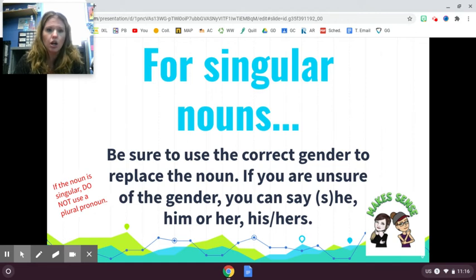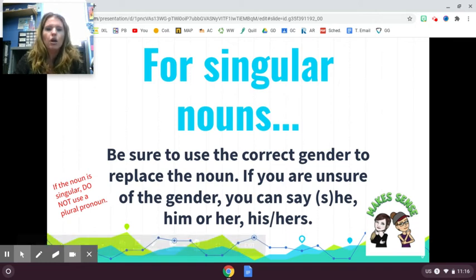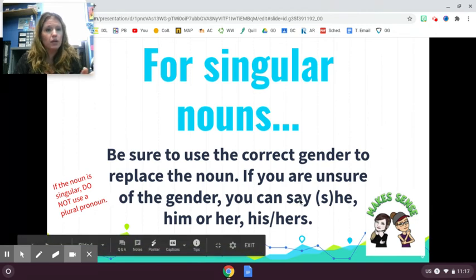Or you could say him or her, or he or she. You could also do his/hers or he/she. You can use these forms with any subjective, objective, or possessive pronoun. But we do want to make sure that we don't just assume the gender if we're not sure.